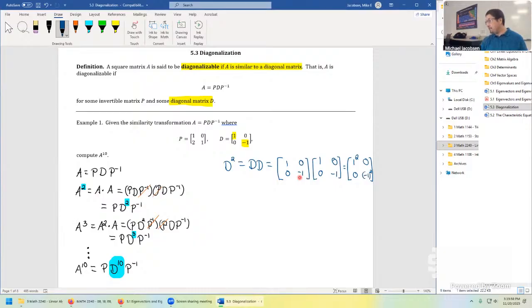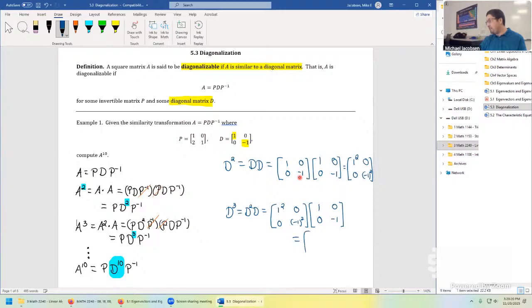If we redo it again and go D cubed, this would be D squared times D. We've computed D squared to be 1 squared, 0, 0, negative 1 squared, multiplied by the matrix D, which is 1, 0, 0, negative 1.